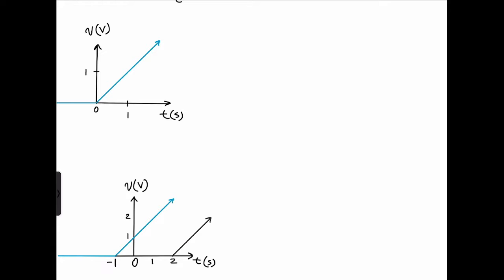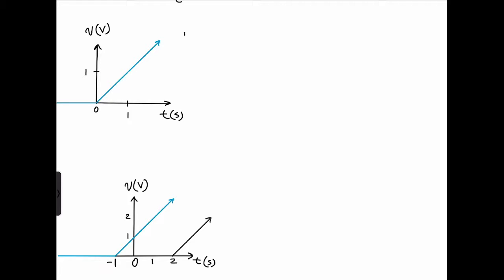So for the ramp function, which we have here, we can see that the ramping starts from an instance of time, which is at 0. So we can then go ahead and show that the ramp function is the integration of the unit step function.